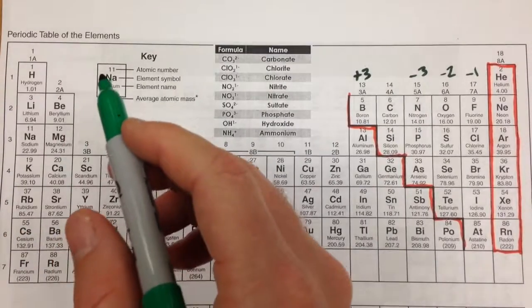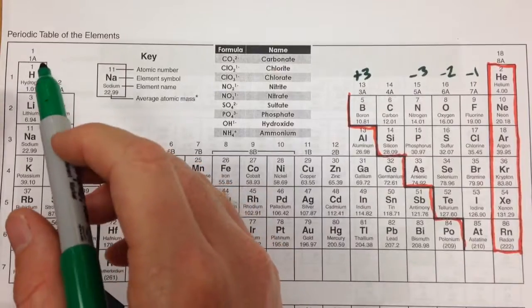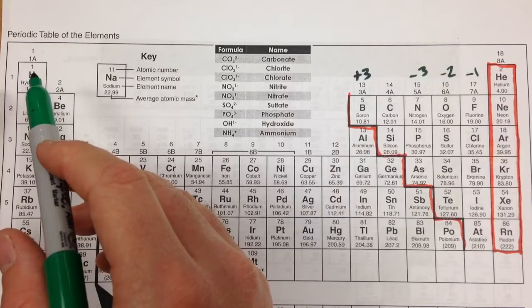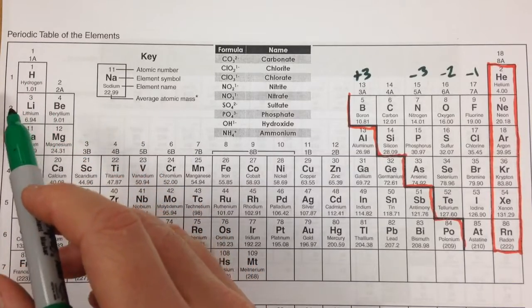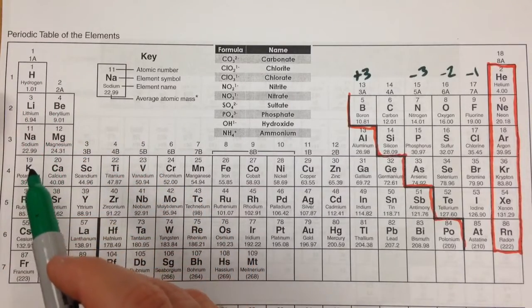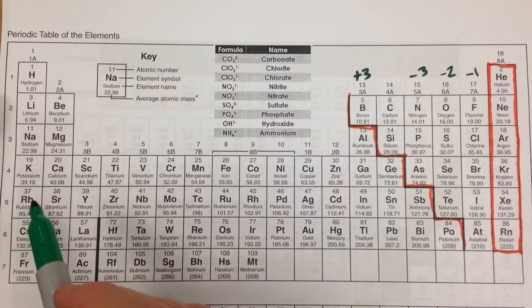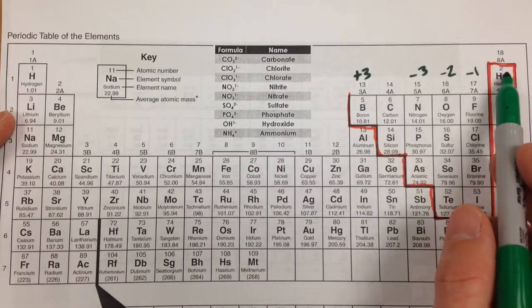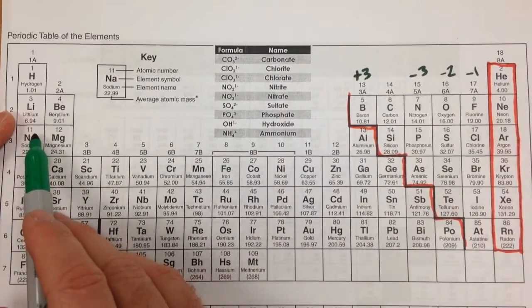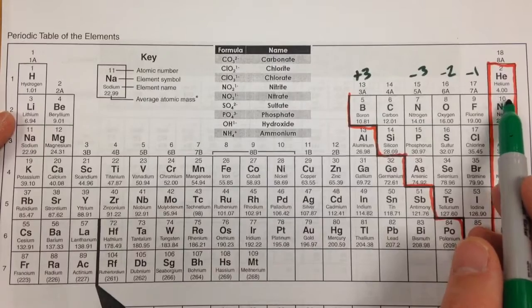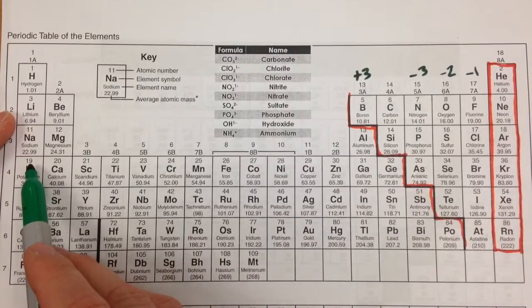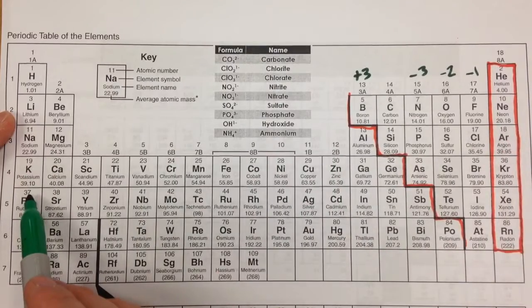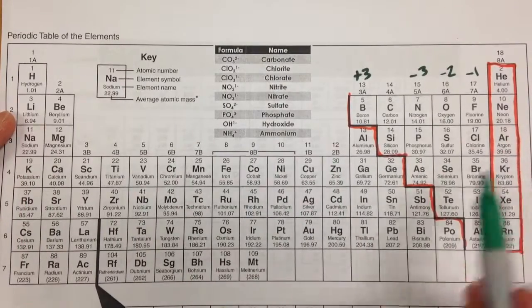Next, let's swing all the way over here and look at group 1A and 2A. Group 1A: hydrogen has 1 electron. Lithium has 3, sodium 11, potassium 19, rubidium 37. 3 minus 1 gives you 2. 11 minus 1 gives you 10. 19 for potassium, 19 minus 1 gives you 18. 37 minus 1 gives you 36.